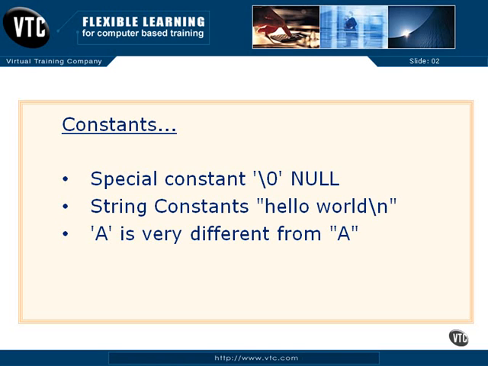String constants we've already seen, for example, hello world that we used in our first program. So hello world backslash N is a string constant. And when it's stored in memory, it's really an array of characters. We have HELLO space and world and the new line character, and then we have the double quotes to end the string. But in memory, we have hello world and a new line byte. And then there's really a null out here on the end.